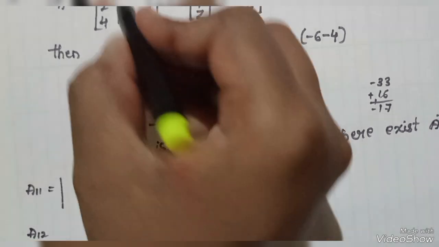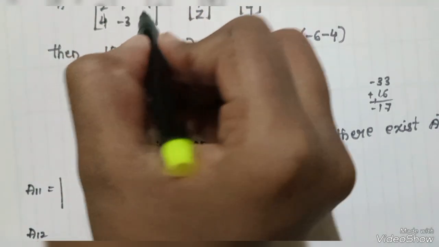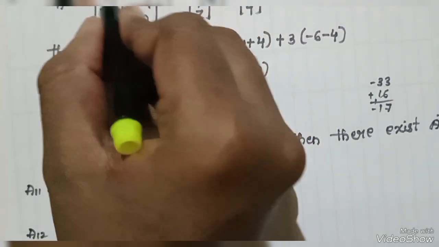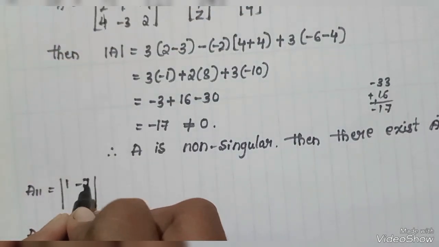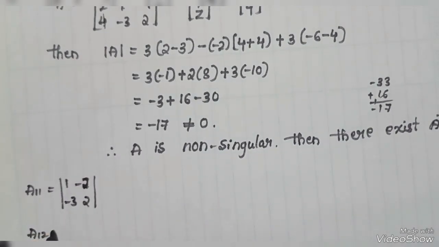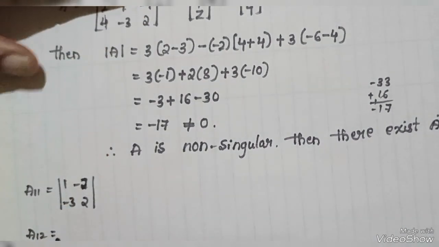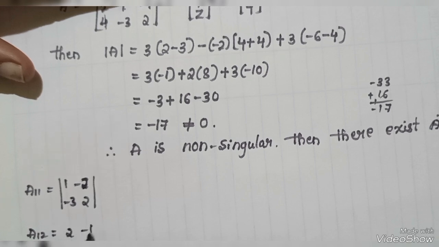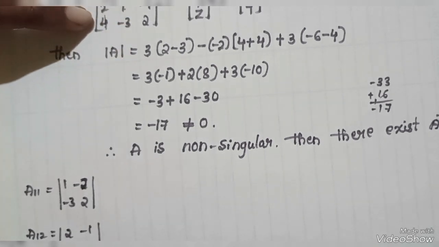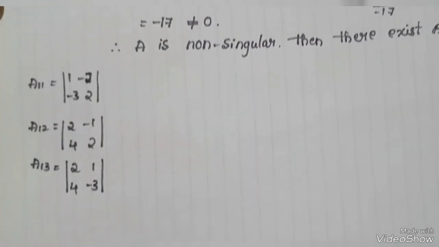Here I am taking the matrix neglecting the first row, first column, that is 1, 2, neglecting the column, 1, minus 1, minus 3, 2. For the second element, neglecting, 2, minus 1, 4, 2. Again for the third one, 2, 1, 4, minus 3. Okay, these are the first row.